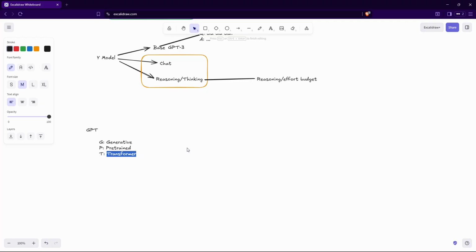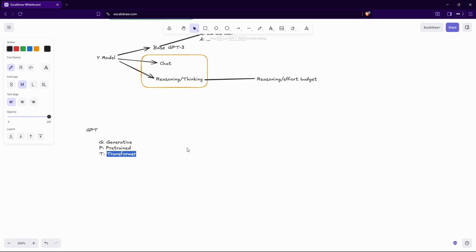This transformer architecture was introduced by a paper from Google, I believe, called "Attention is All You Need." I think it was 2017-ish, I don't remember the exact date. That paper introduced, to some extent, this transformer architecture.